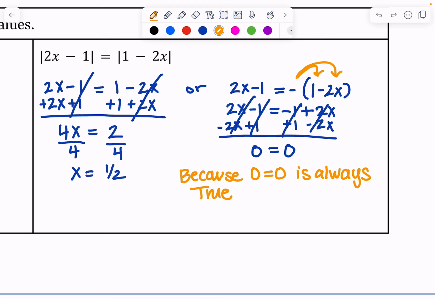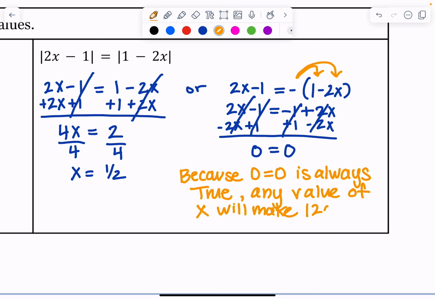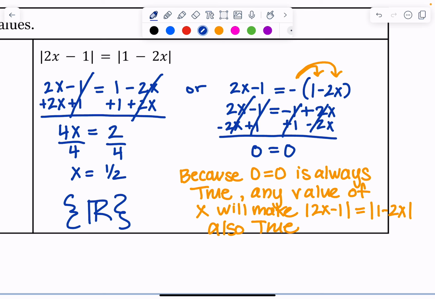So because 0 equals 0 is always true, that means that any value of x will make the absolute value of 2x minus 1 equal to the absolute value of 1 minus 2x. So that's my solution set. I'll use blue, but my solution set for any number would be all real numbers.